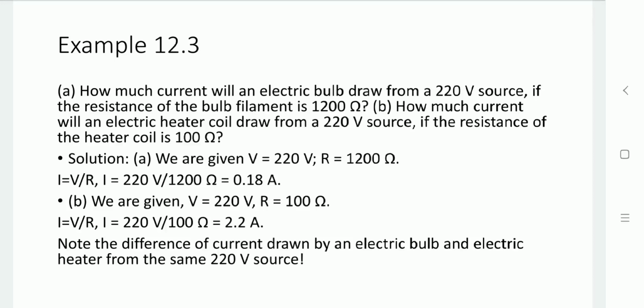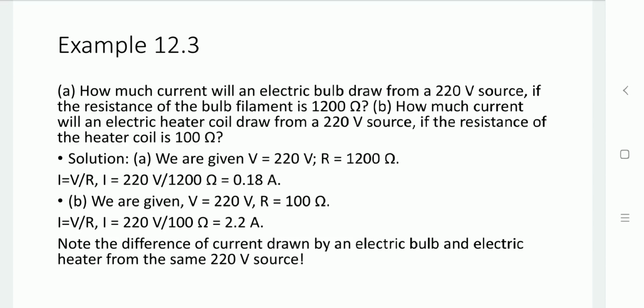I equals V by R. In the first case, V is given as 220 volt, resistance is given as 1200 ohm. Place the values of V and R in the current equation, I equals V by R. So we are able to get the current 0.18 ampere. In the second case, the voltage value is the same, 220 volt, and the resistance value is given as 100 ohm.